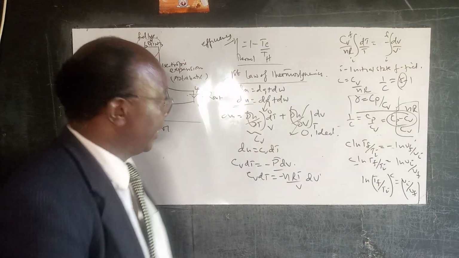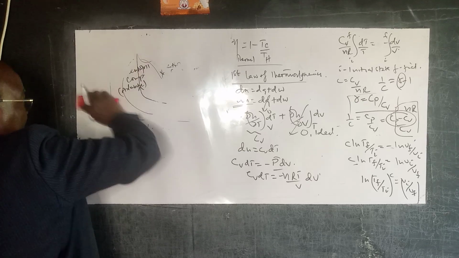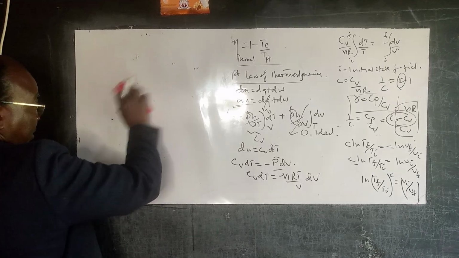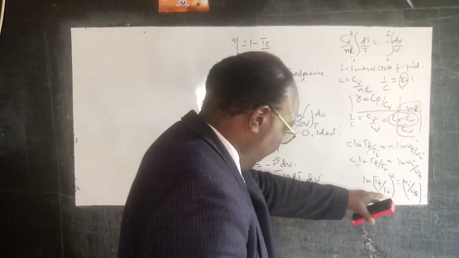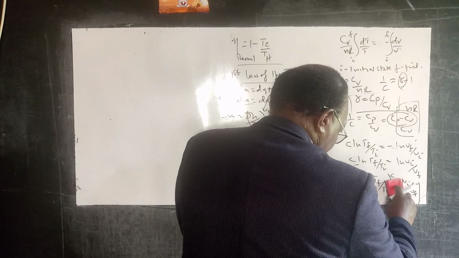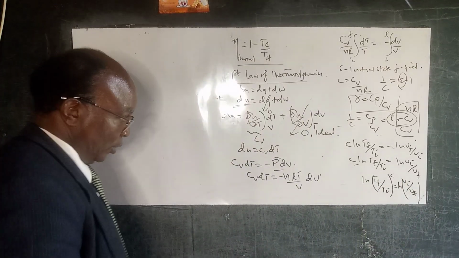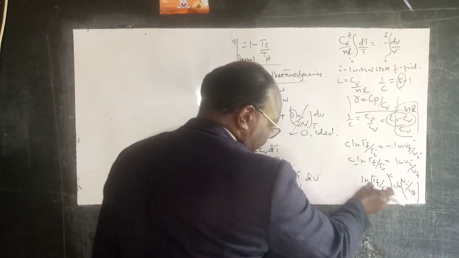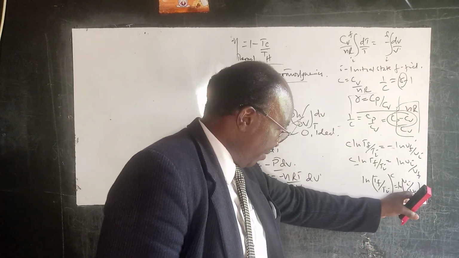So we are getting there. Now, let us continue further to develop the expression which we want to use in computing the efficiency. We have natural log of TF over TI raised to power C being equal to natural log of VI over VF.